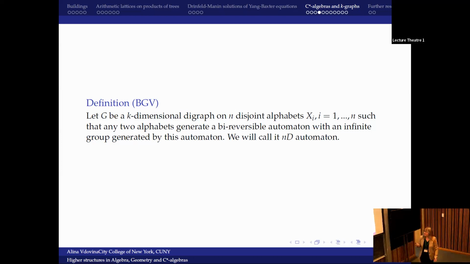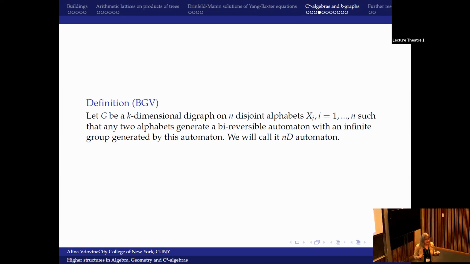But what are the good news here? Again, I don't say that it's all nice automata, it can be more. But if we take the automata which come from those cube complexes, then you get something nice.